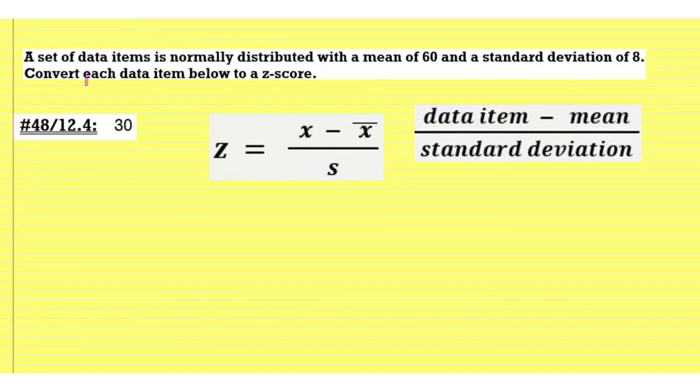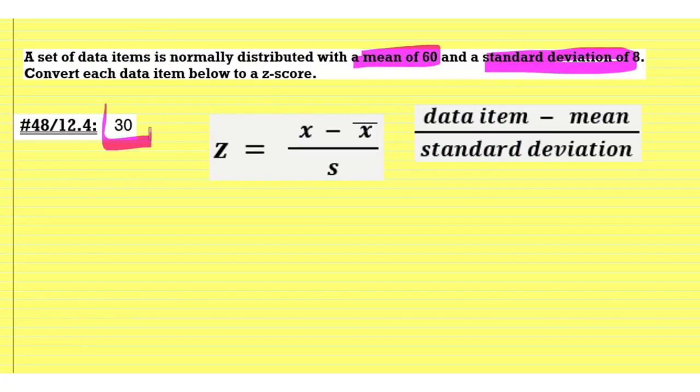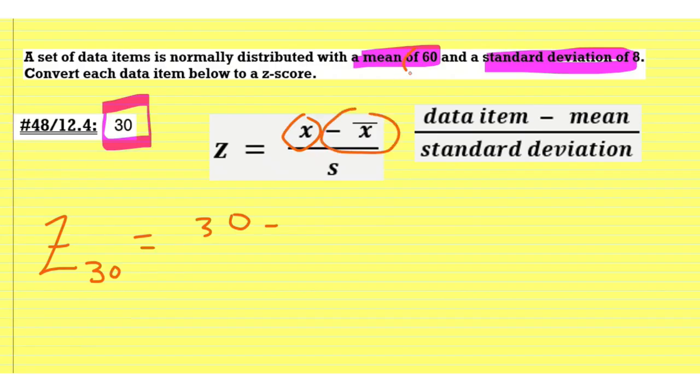Okay, our next problem says that our data set has a mean of 60, a standard deviation of 8, and the data point they want us to pay attention to is 30. So my z-score for 30 is going to be equal to the data point of 30 minus the mean, and the mean is 60, divided by the standard deviation, which is 8.